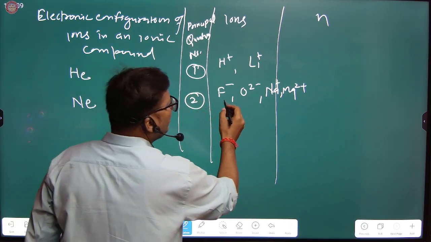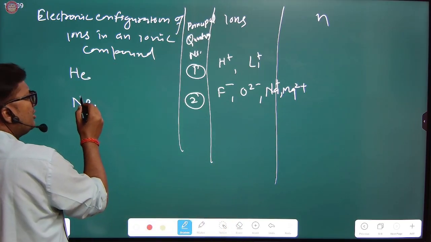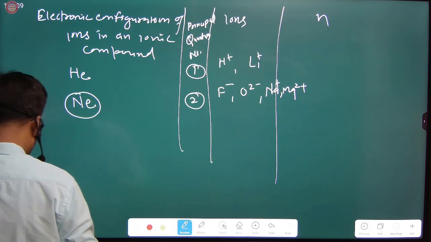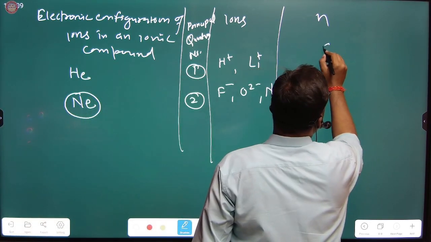All these ionic species have an electronic configuration similar to neon. For this, the Born exponent is actually 5.